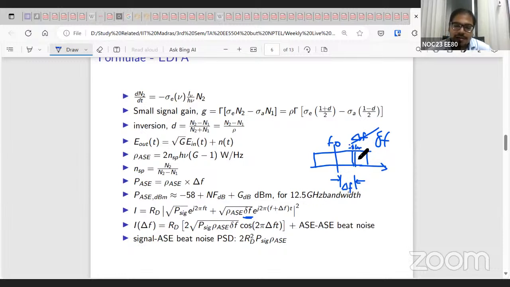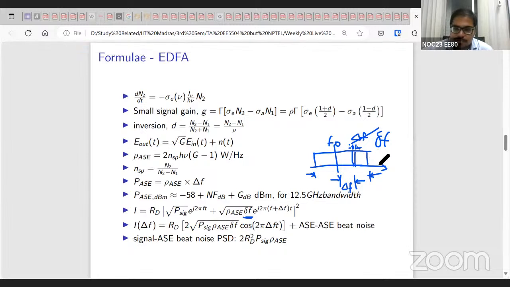And then what does the entire band contribute to noise? So you'll have to find the integrated noise that will give this expression finally. Power will be this PSD times delta F.